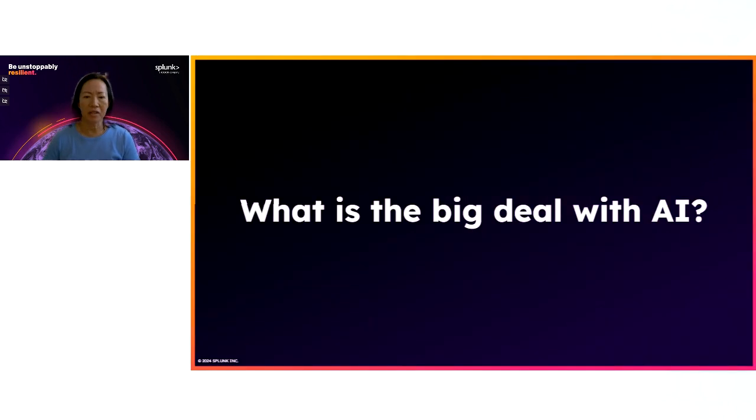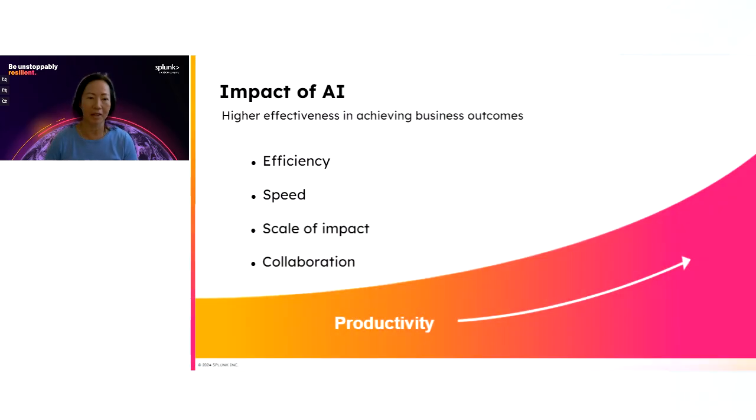So you might ask, so what, we hear about AI all the time. What is really the big deal? The number one reason AI fails is that it's not tied to business outcomes. So I want to take a short minute to talk about why we care about AI. Ultimately, the bottom line is that it's improving our efficiency.